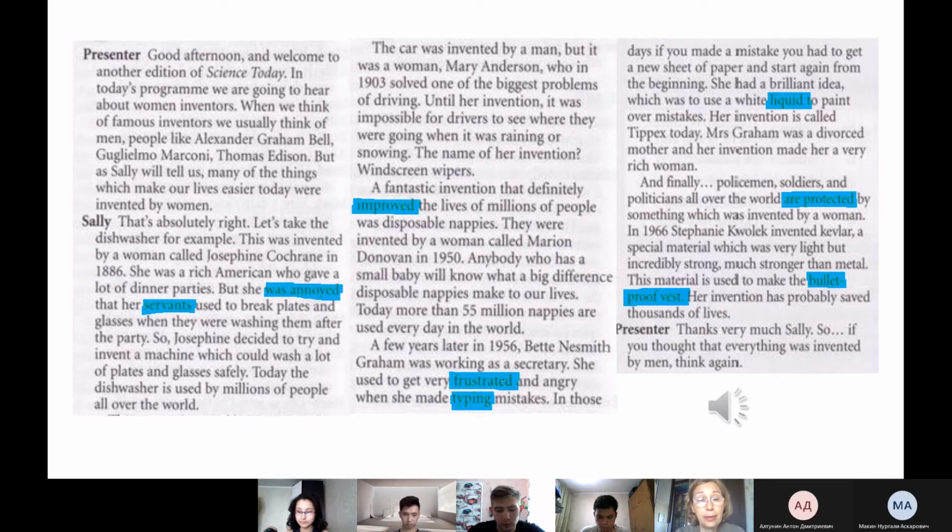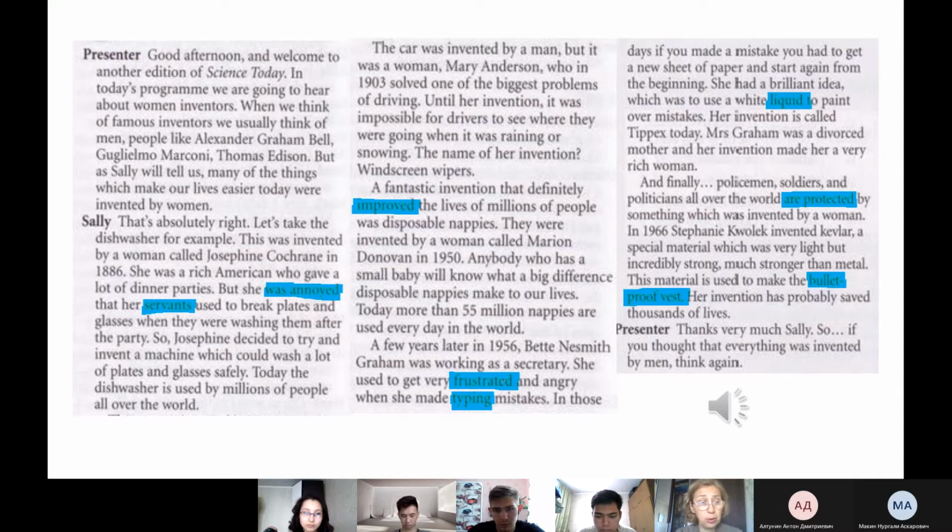Okay, so you can see some words highlighted in blue about the first invention which was mentioned, Josephine Cochrane. So she was annoyed that her servants used to break plates and glasses. To annoy, to irritate, раздражаться, да, ее раздражало.